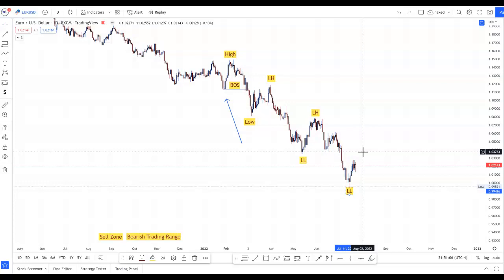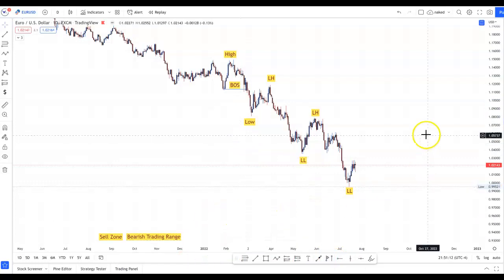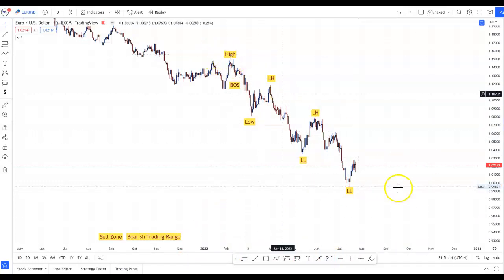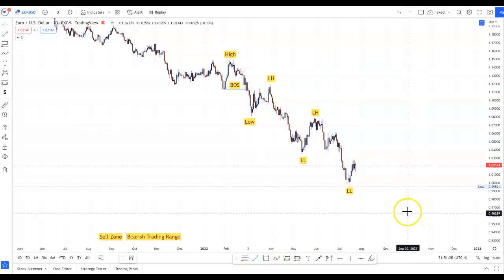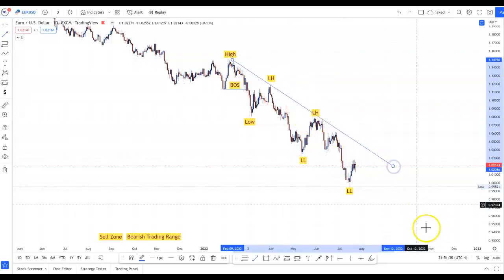So the overall trend, which is our higher time frame trend, the overall trend is that we are bearish. We can see that by looking at the chart. Sometimes it's not all the way clear. We can also use a trend line that gives us our direction.